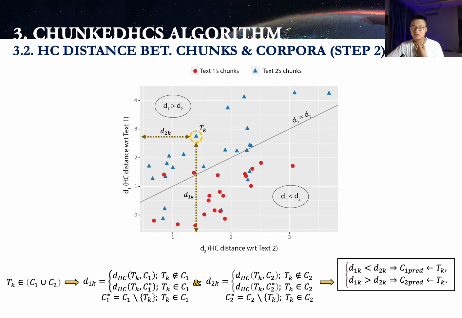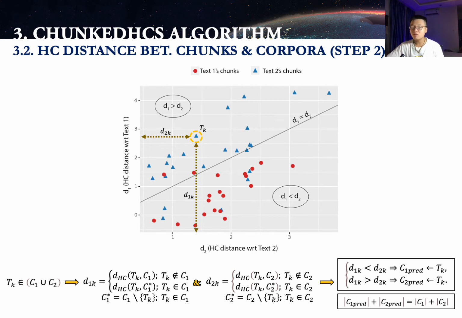If in this case D1K is larger than D2K, then TK is categorized as C2 predicted. We do this for all the rest of the individual chunks here, and we get this.